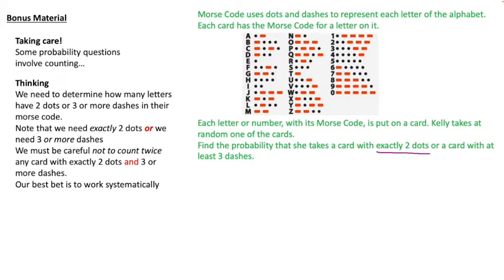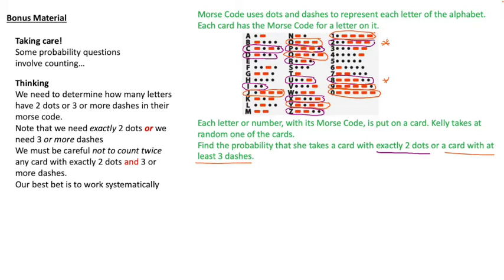So first of all, exactly 2 dots, I'm going to put a little lozenge around each of them, and I think I've got them all. And now cards with 3 dashes, I'm going to put a lozenge around them. And notice there are 2 cards which have 2 dots and 3 dashes or more, but I've only lozenged them once.